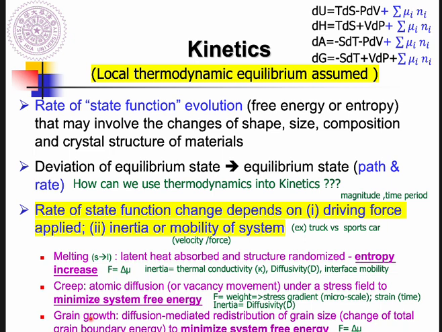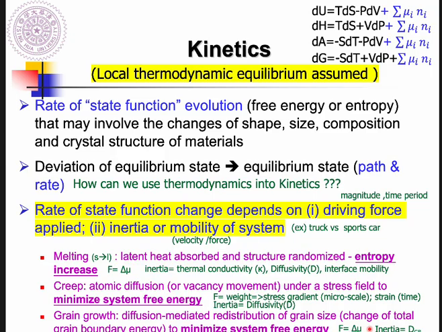And what is the inertia or mobility of this grain growth process? It would be the diffusivity of the grain boundary. If you have different compositions of grain boundary, different materials, I believe the grain growth rate will be different.